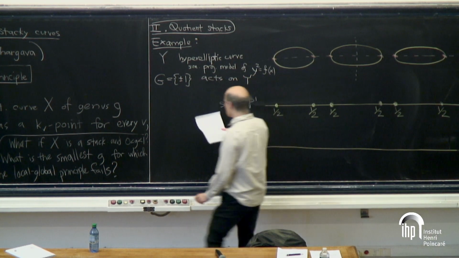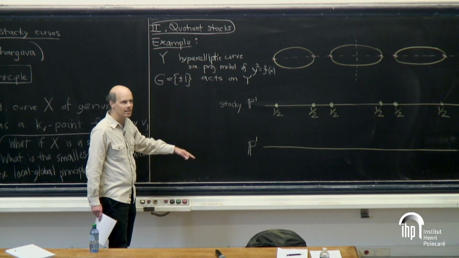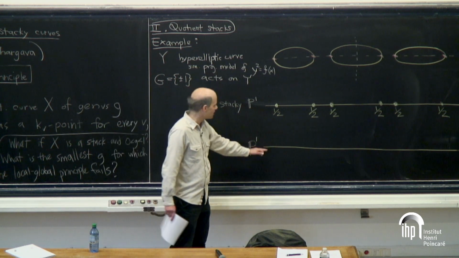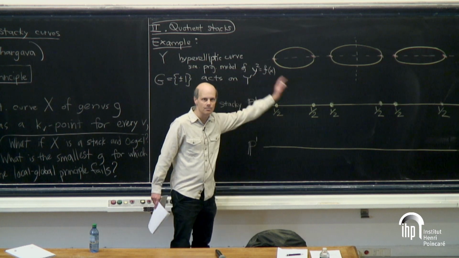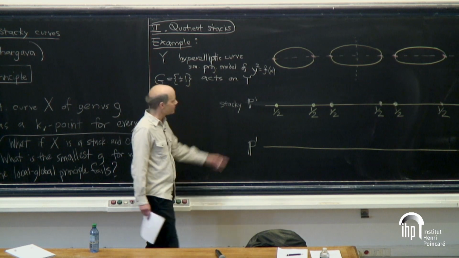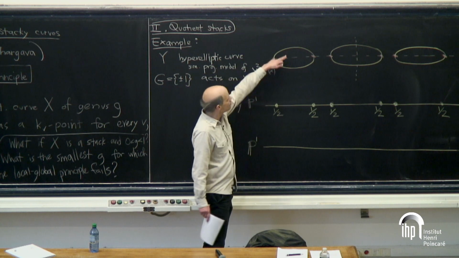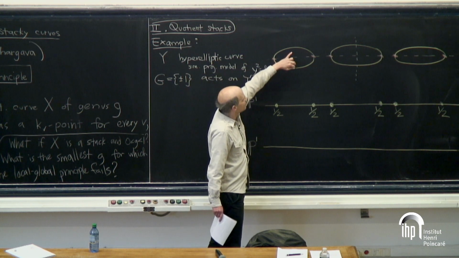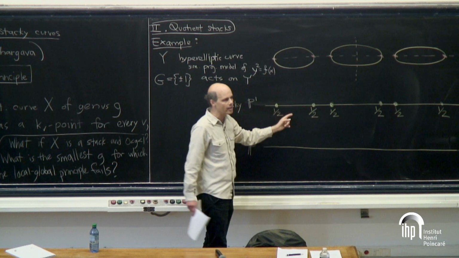And so you can try to form the quotient. If you're thinking of the quotient in the context of varieties, then the quotient is P1. That's the closest thing that any G-invariant morphism to a variety would factor through. But that's not the true quotient. You can see that something funny is going on, because if you look at how the group acts, most of the points on the hyperelliptic curve are paired with another one, and so 2 points become 1 in the quotient.